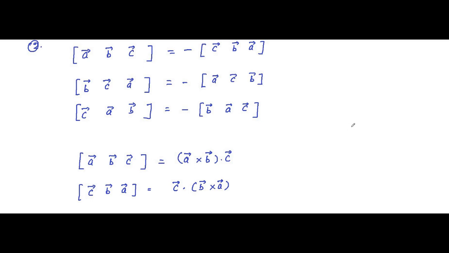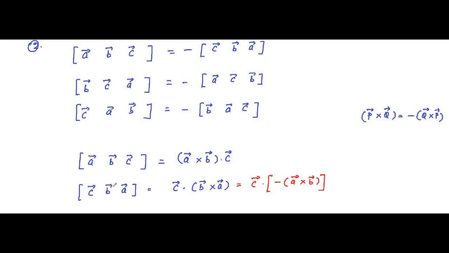Now we know that, let us say we have two vectors, P vector and Q vector. The cross product P vector cross Q vector is equal to minus Q vector cross P vector. When their order is reversed, the sign becomes negative. When we apply that rule here, it becomes C vector dot minus A vector cross B vector.